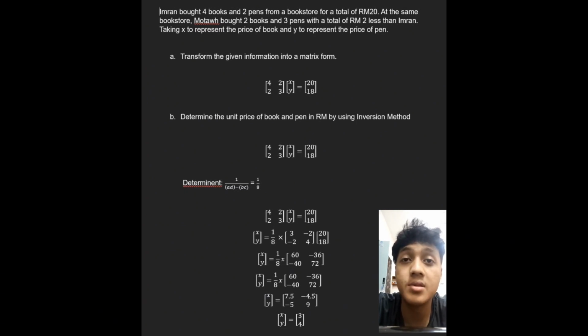How did you get the matrix 3, negative 2, negative 2, and 4? You do the inversion. So A and D, you swap the position, while B and C, you just add negative. If the number is negative, then you make the number positive.